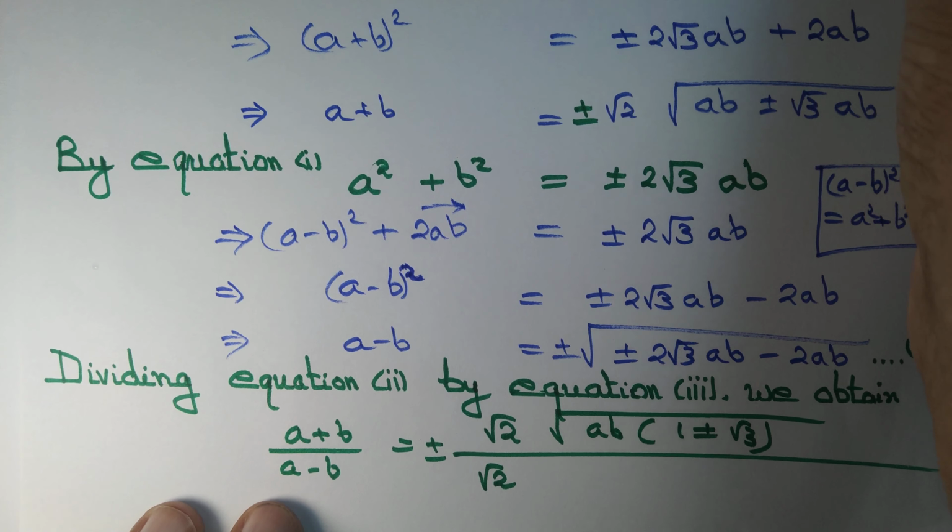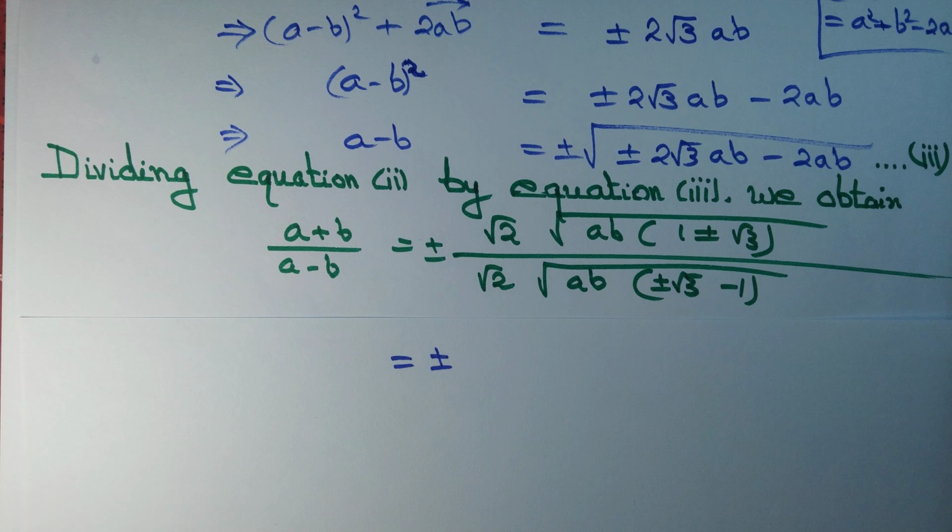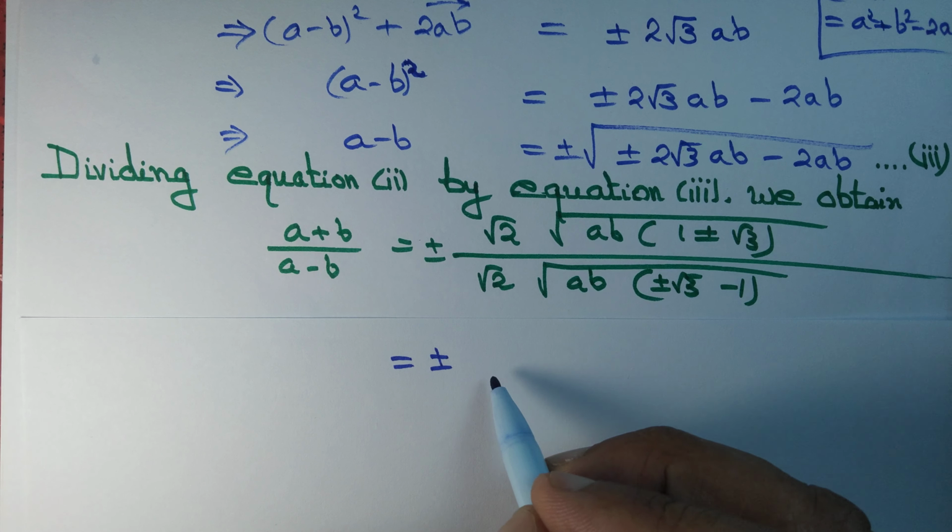We can take AB common from the root. And when we take AB common, 2 is also taken common, so we are left with plus minus root 3 minus 1. We know that root of x divided by root of y is simply root of x by y. So plus minus as it is, root 2 gets cancelled.